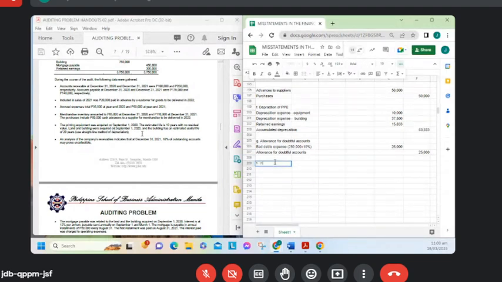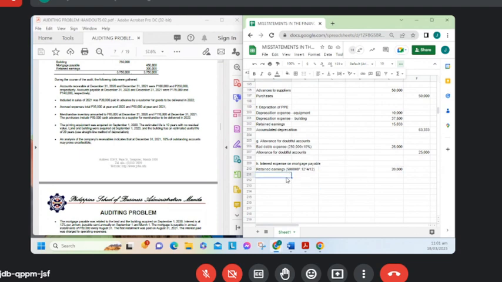So interest expense on mortgage payable. So entry is a debit to retained earnings. That's for the 500,000 times 0.12 times 4 divided by 12 months. And then interest expense, no?